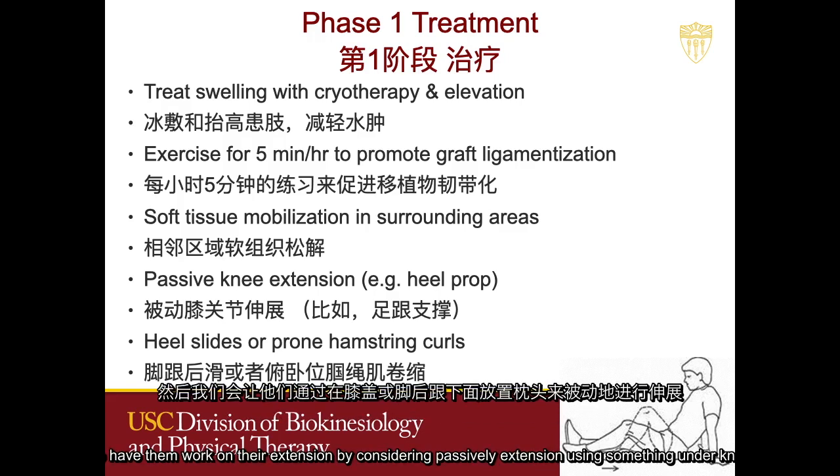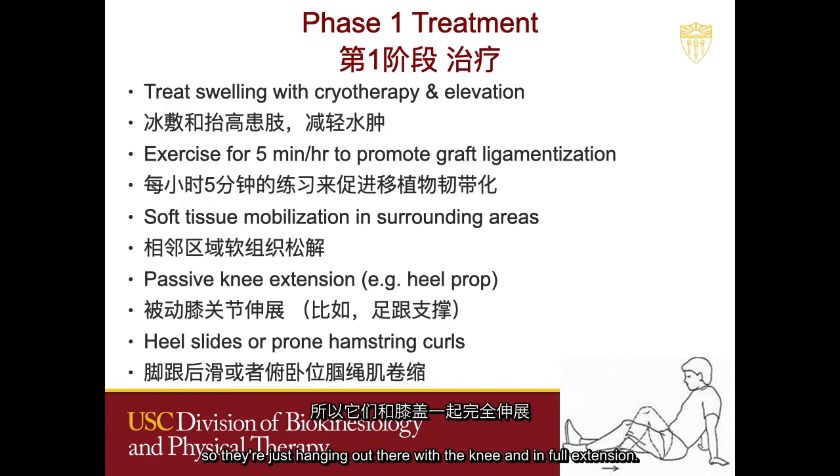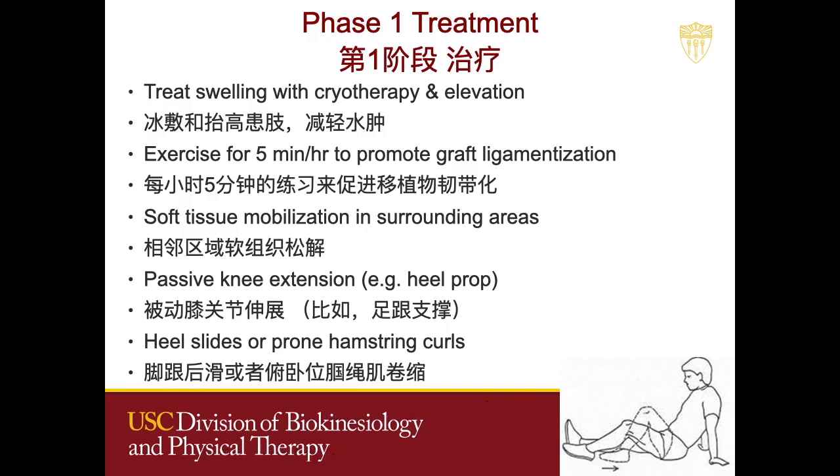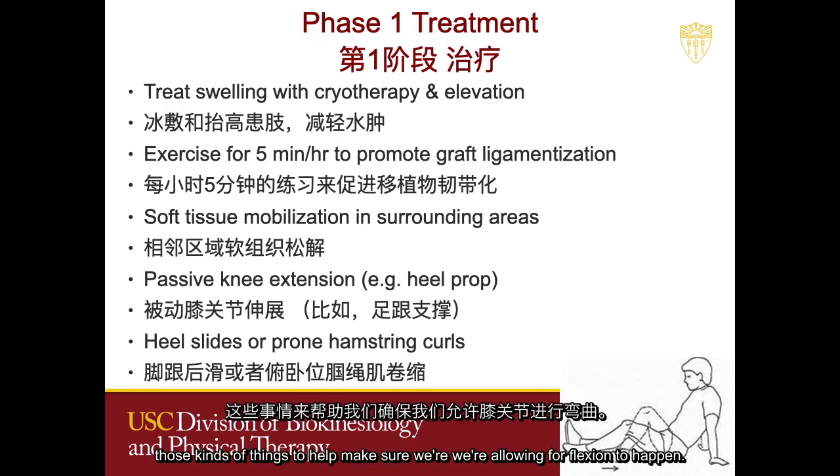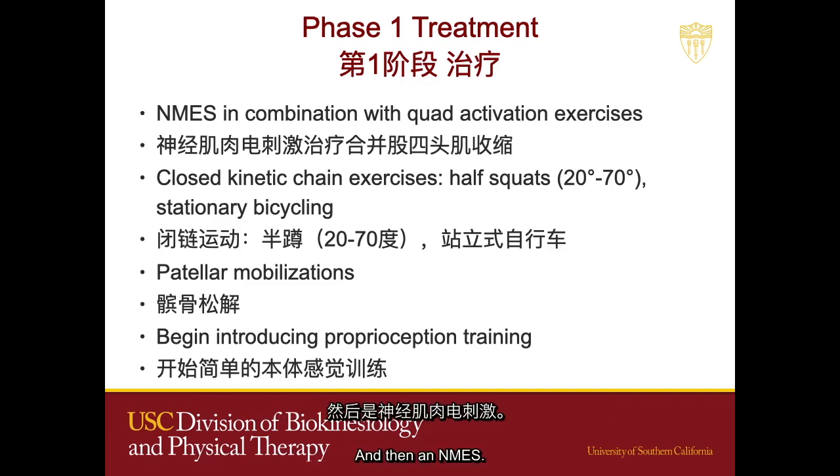And then we're going to have them work on their extension by considering passive knee extension using something underneath their heel, like a pillow, so they're just hanging out there with the knee in full extension. Basic range of motion, so heel slides, prone hamstring curls, those kinds of things to help make sure we're allowing for flexion to happen. And then NMES.